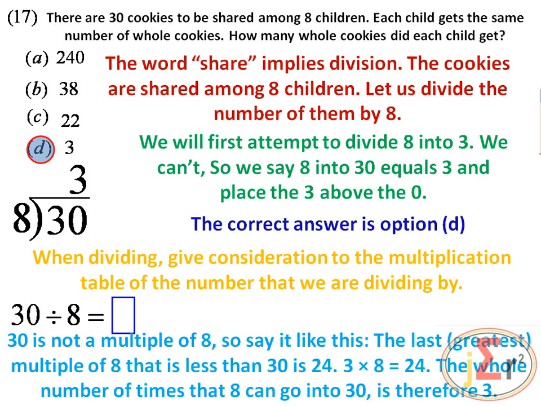The whole number of times that 8 can go into 30 is therefore 3 times, because if we say 4 8s, that will be 32, which is greater than 30. So we know that 8 into 30 is 3 times.